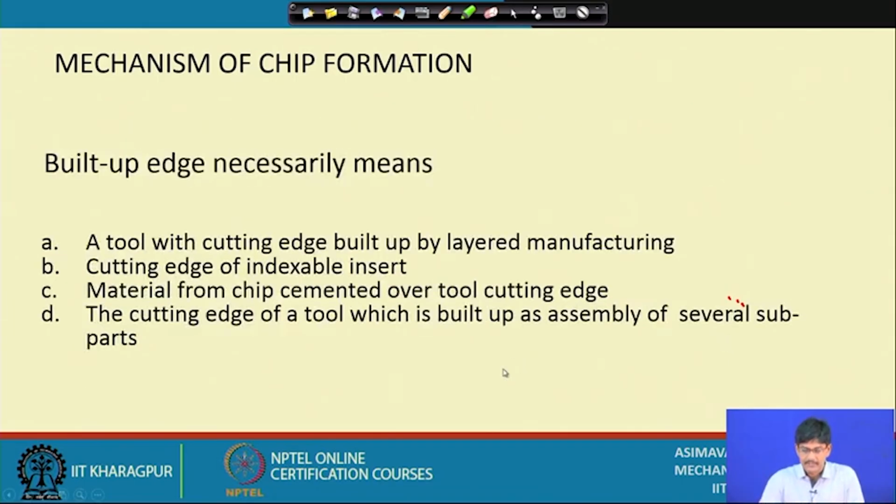Right. Built up edge. Built up edge necessarily means a tool with cutting edge built up by layered manufacturing, cutting edge of indexable insert, material from chips cemented over the tool cutting edge, and the cutting edge of a tool which is built up as assembly of several sub parts.